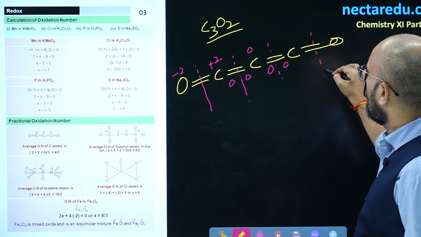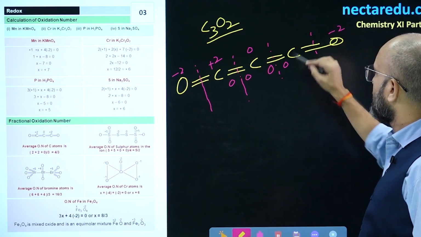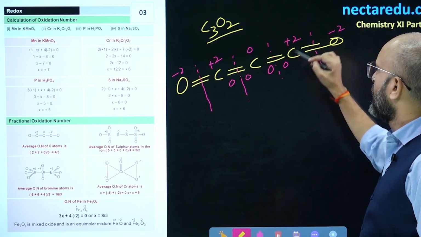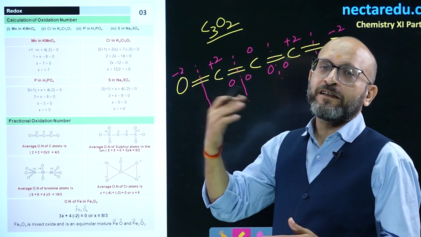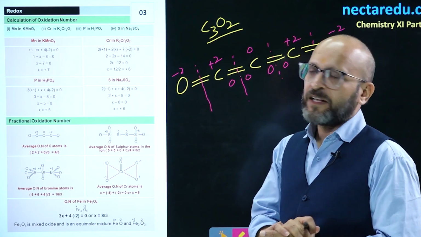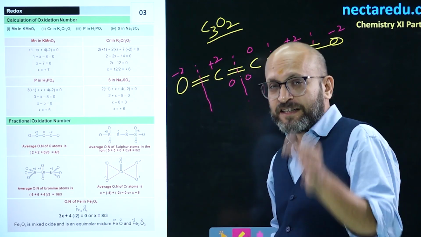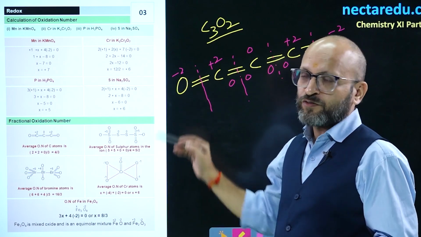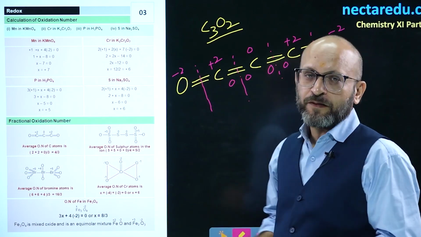Similarly, if we break this bond, oxygen has more electronegativity, so it will get -2 and carbon will get +2. For breakage of each bond, the more electronegative atom gets -1 and the less electronegative gets +1. Here oxygen is more electronegative and two bonds are breaking, so oxygen gets -1 for each bond, -2 in total, and carbon gets +2.